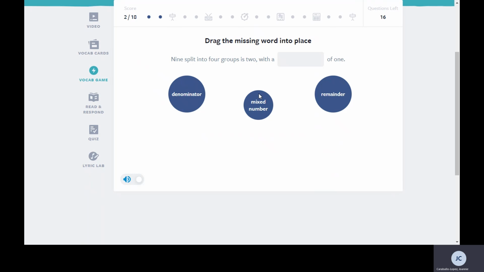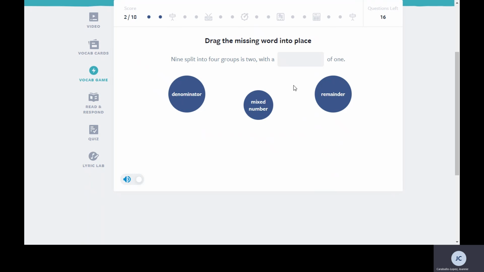9 split into 4 groups is 2 with a remainder of 1. 9 dividido en 4 grupos es 2 con un restante de 1. 9 split into 4 groups.